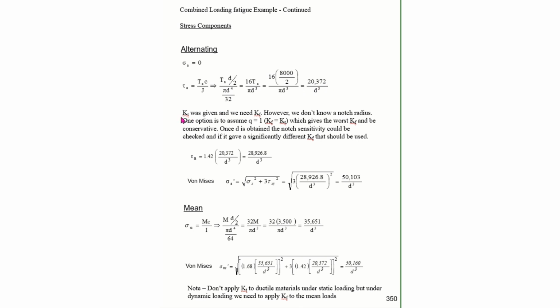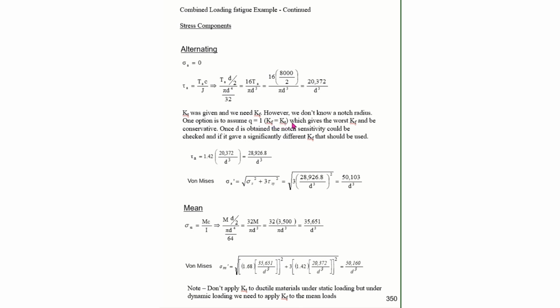Now Kt was given, and we need to use Kf. However, we don't know a notch radius. So one option is to assume q equals 1, let the notch radius value be such that q is equal to 1, and therefore Kf equals Kt.